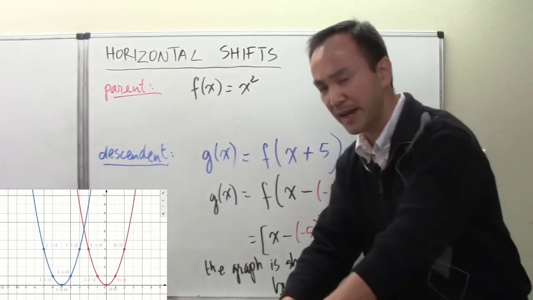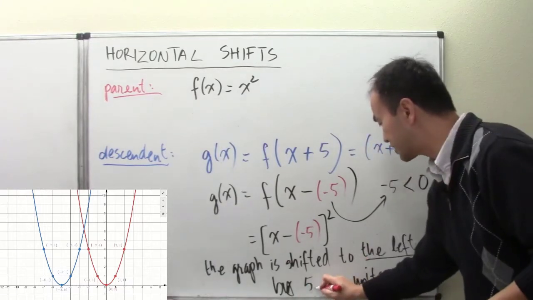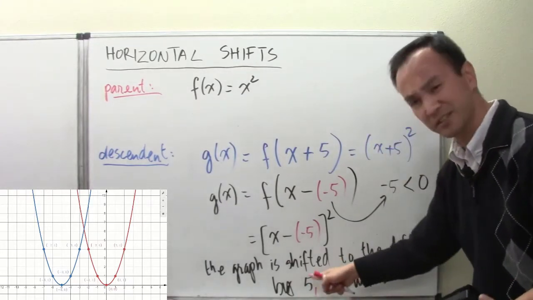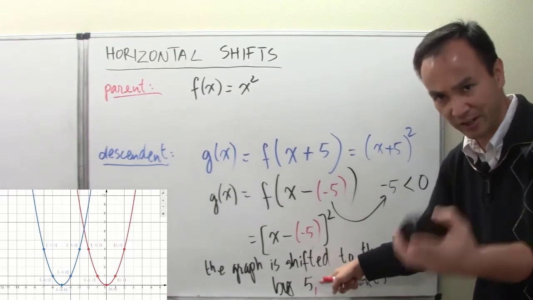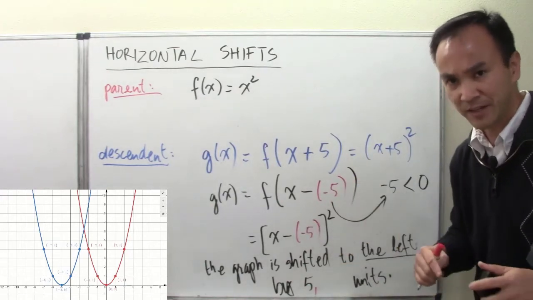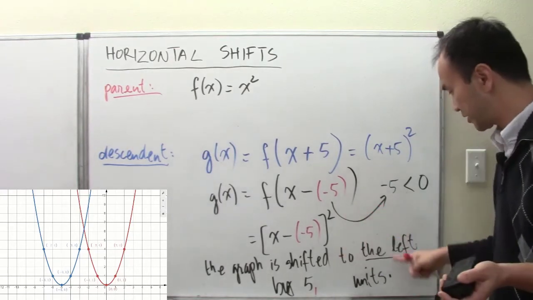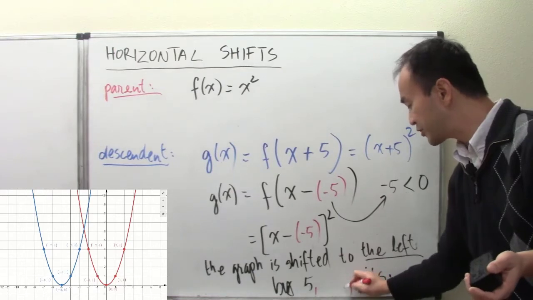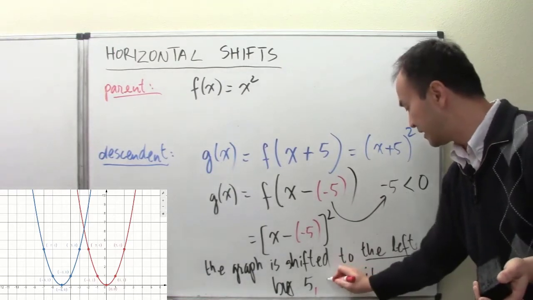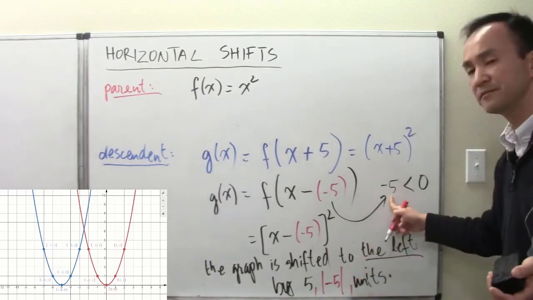But mathematically speaking, 5 here is just counting the units, and not always do we have the graph available immediately, and not always does our graphing technology show the units clearly. So another interpretation of 5 units is that it's really the absolute value of negative 5.